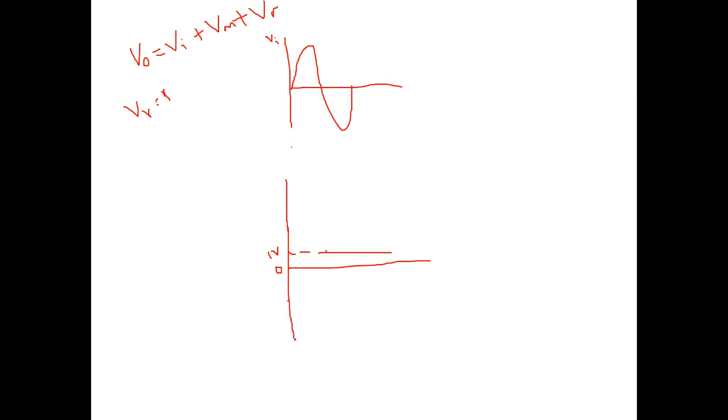Now I am going to find out the output waveform. Vi will be varying, Vm is constant, that is 3 volt, and V reference is 1 volt.